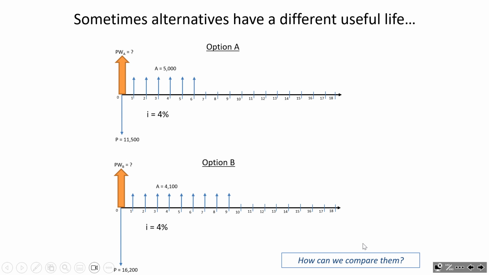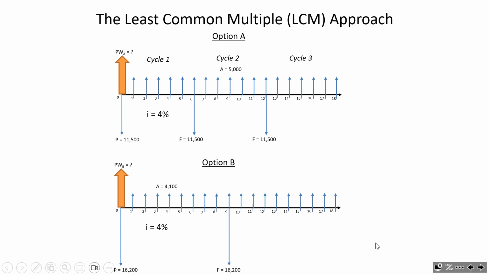And then the study period for both alternatives is the same. So least common multiple says repeat the cash flow as many times as you need for the cash flows to terminate at the same year. So this is the LCM method, is just repeat it.